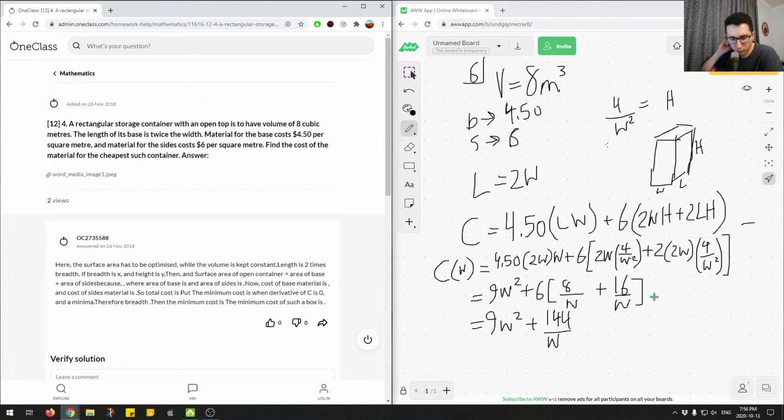So from here we want to take the derivative. We can also write this as follows. So we're going to take this bottom out and we're going to write it in this format so we can make the derivative easier. So we'll erase some space up top.